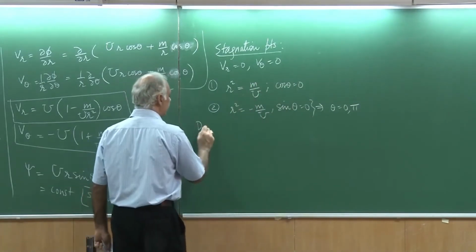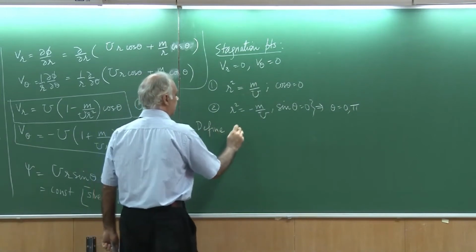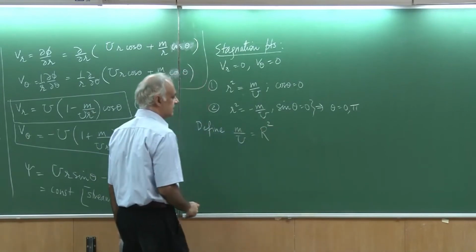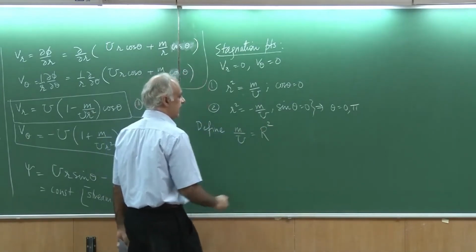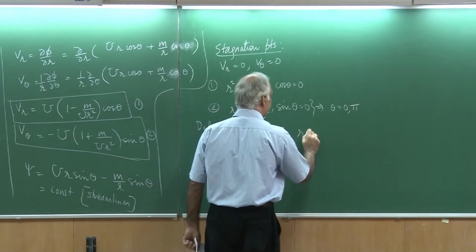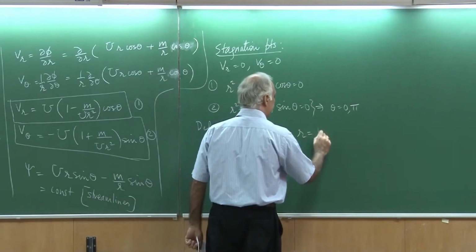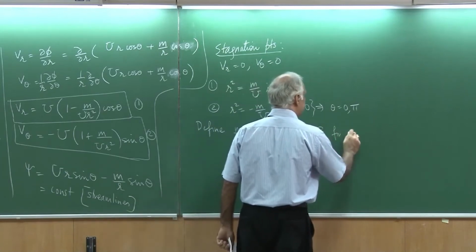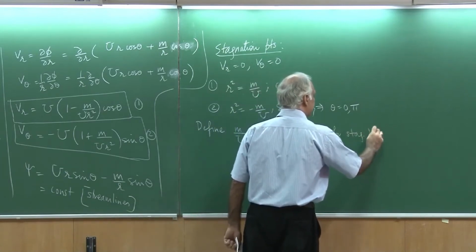So, I will now define m by u as R square, and of course, r is equal to plus minus R, for stagnation point or at stagnation points.